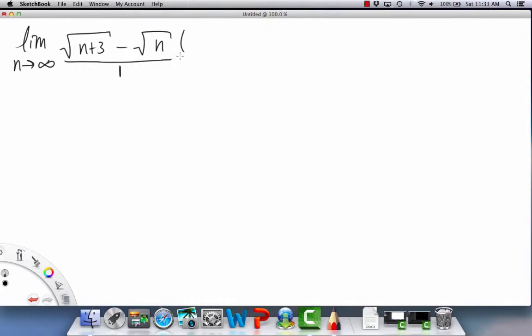So basically I'm going to multiply top and bottom by what's called the conjugate. So that just means the same terms, but now separated by the opposite sign. So now I'm going to add this on top, and then same thing on the bottom. So we do top and bottom just so that it's like 1, right? So we're multiplying by a factor of 1.